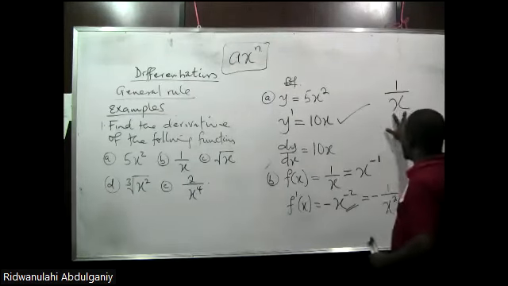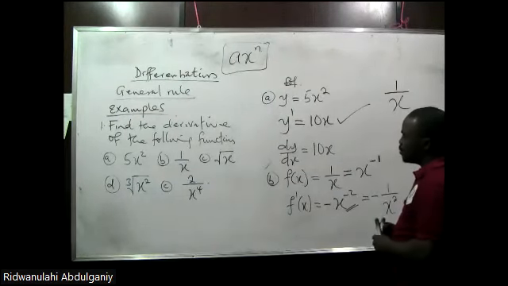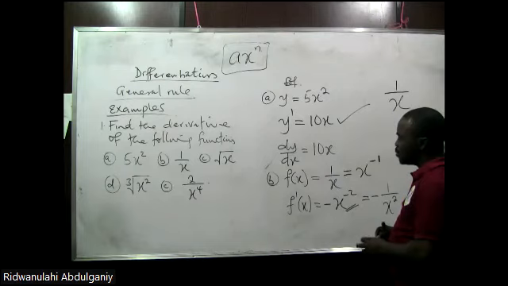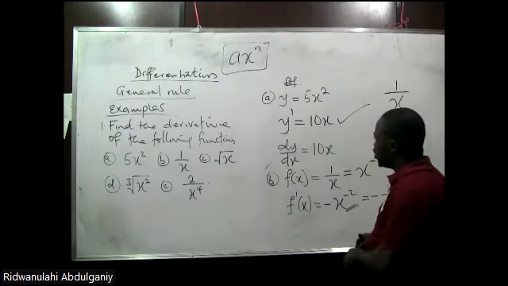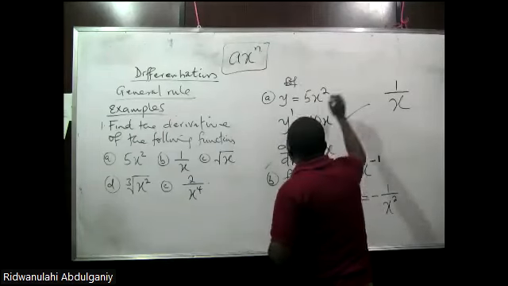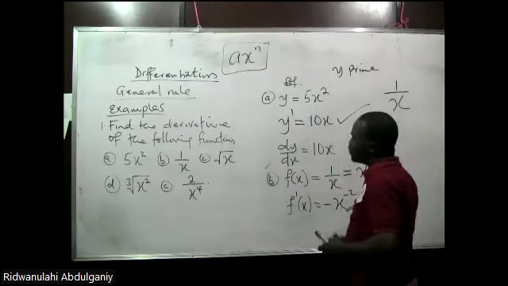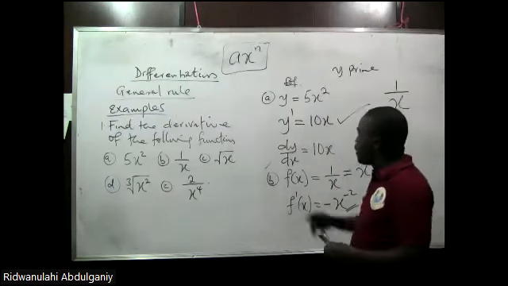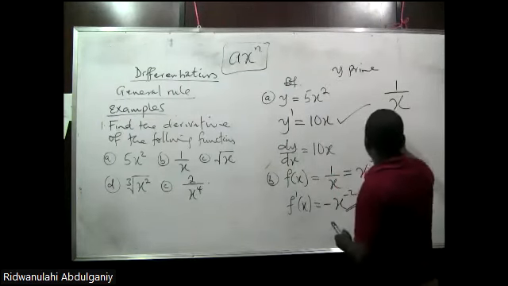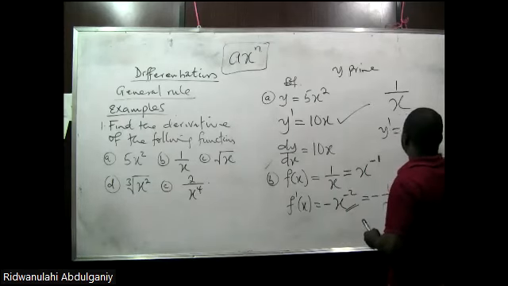Sir, excuse me, sir. I'm not talking about this particular solution. I'm talking starting from the first one, like y raised to power 1, then 10x. Not y raised to power 1, this is y prime. Y prime simply means dy/dx.